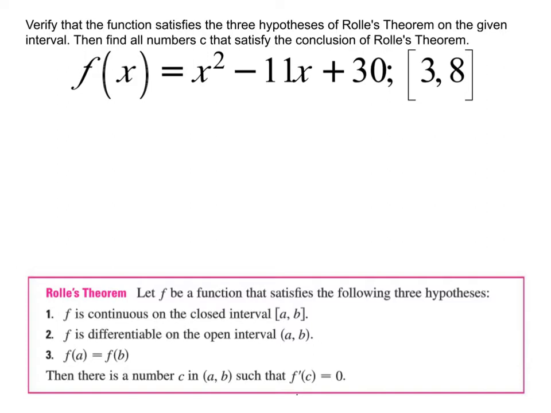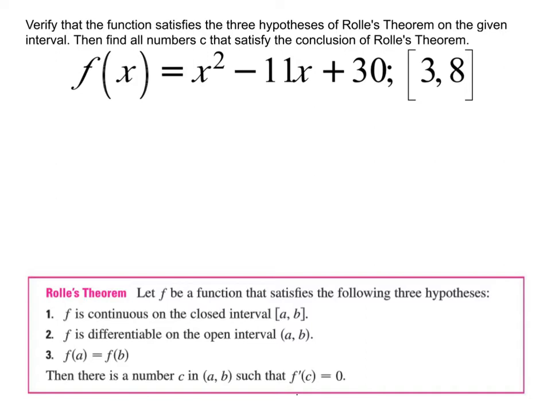Okay. Is this graph going to have a corner? No. Basically, the only way we get corners or jumps is if we have a piecewise function. The only exception there is absolute value, but absolute value is basically a piecewise function anyway.